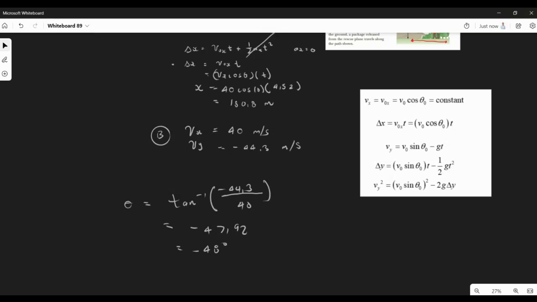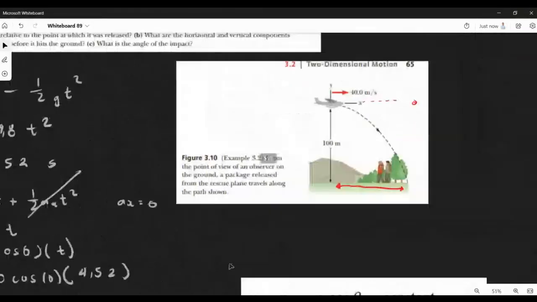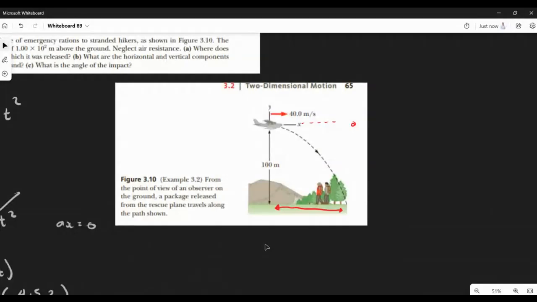Okay, so just me talking through this example. What it basically means is that we didn't work out the resultant velocity there, but that 48 degrees is here, from the horizontal.